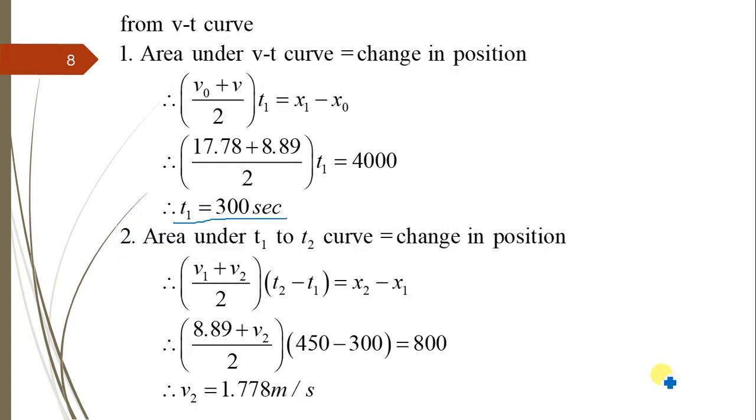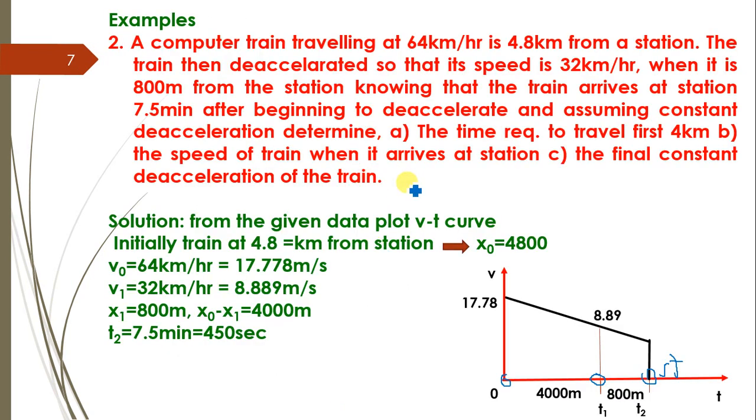So (V1 plus V2) divided by 2 into (T2 minus T1) is equal to x2 minus x1. T2 is 450, T1 is 300. Substituting the values, V1 is 8.89 plus V2, and x2 minus x1 is 800. We get the velocity with which it arrives at the station as 1.778 meter per second.